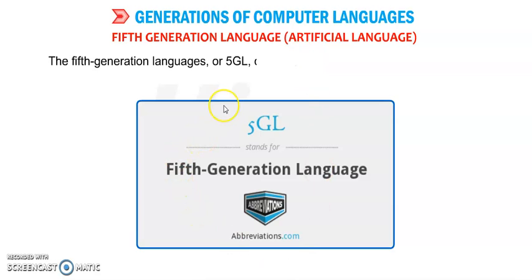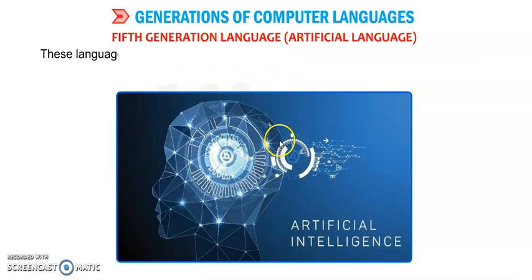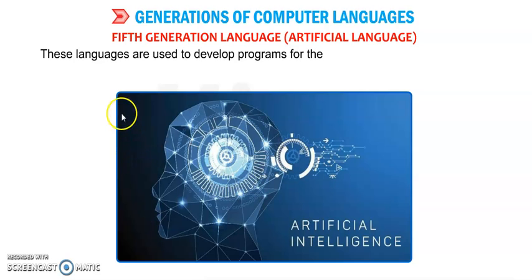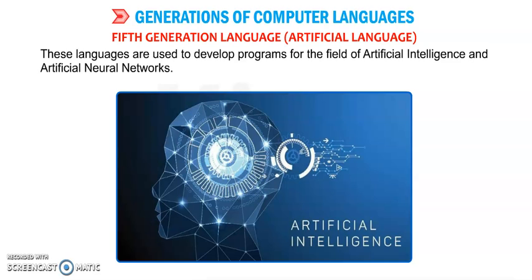Fifth generation languages, or 5GL, consist of visual tools. These languages are used to develop programs for the field of artificial intelligence and artificial neural networks. The full form of AI is artificial intelligence.